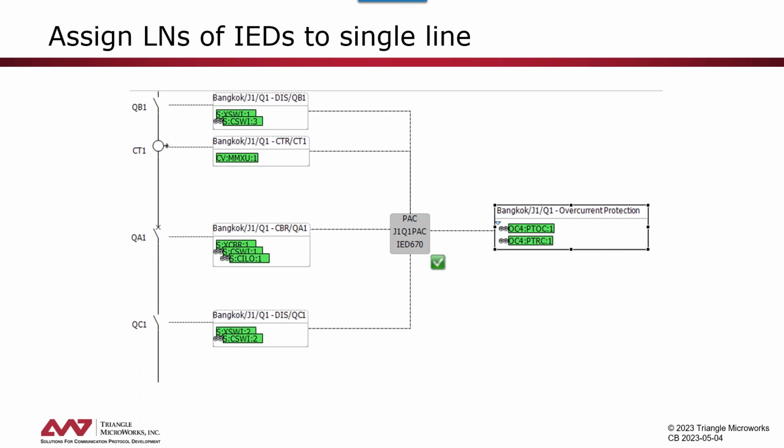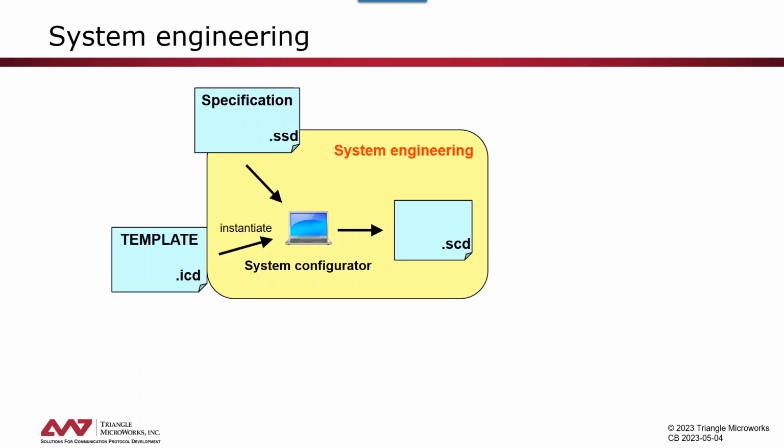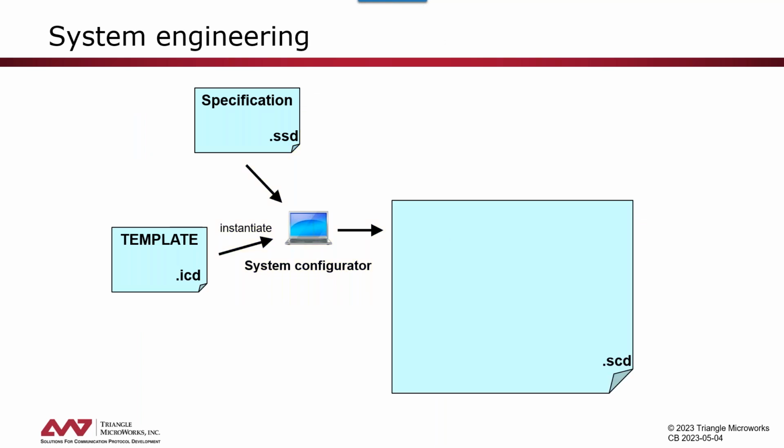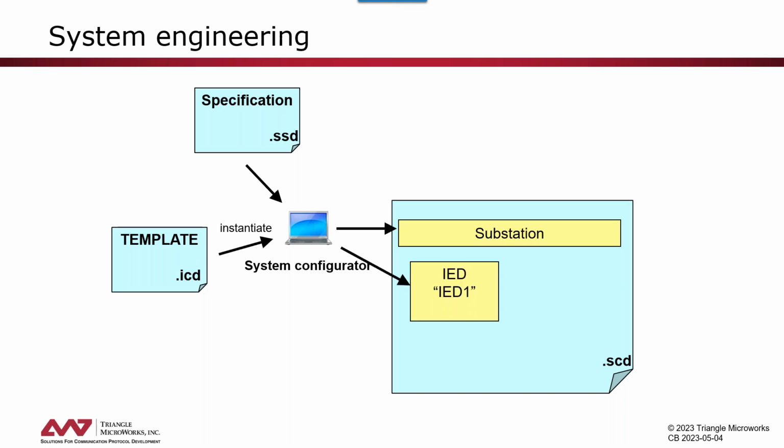So as part of these steps, what we are basically doing is we import the specification file, the SSD file, which creates for us in our SCL file the substation section. We import the ICD files and create instances out of them. As an example, we have 4 bays with 4 bay controllers.